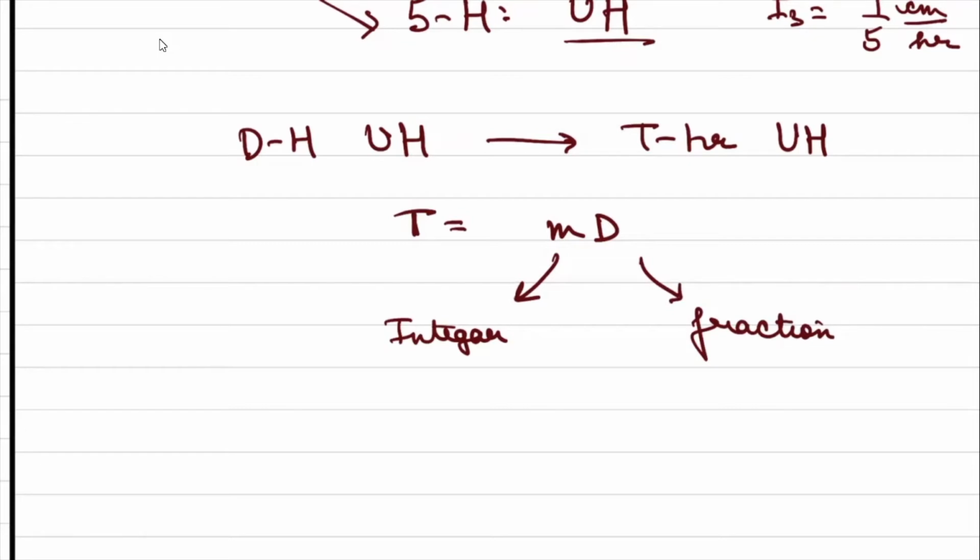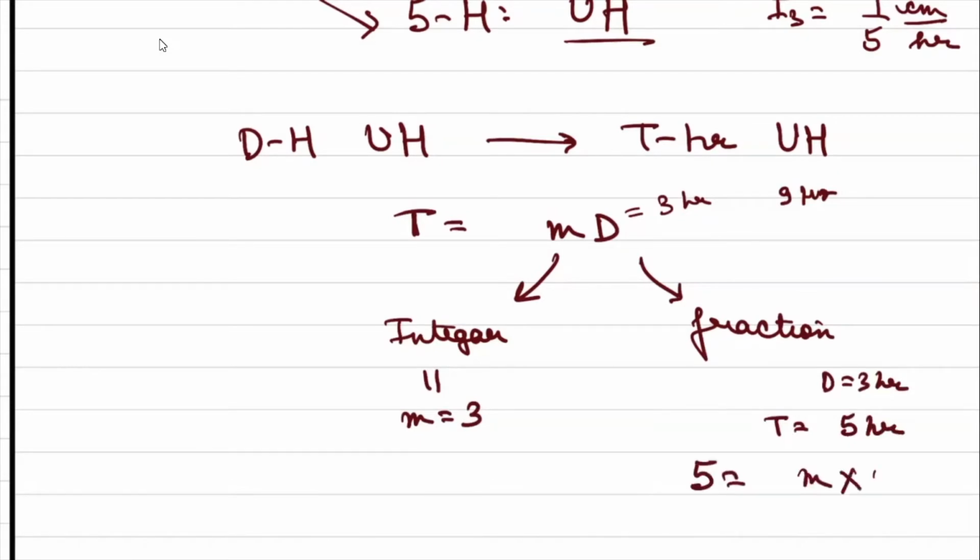So integer means that I know this 3 hour unit hydrograph and I am interested in a 9 hour unit hydrograph, then it clearly becomes that my M has to be 3, an integer. On the other hand, I know my D to be a 3 hour unit hydrograph and I want T to be a 5 hour unit hydrograph. So if I write 5 equal to M times 3, it quickly implies that M is some fraction. This is also clear, right?